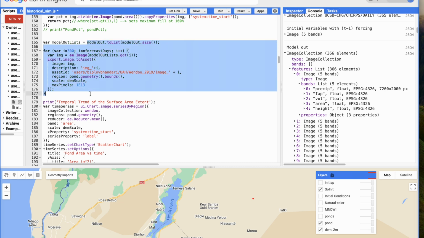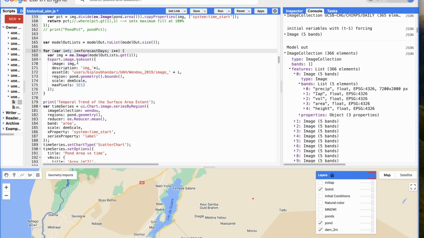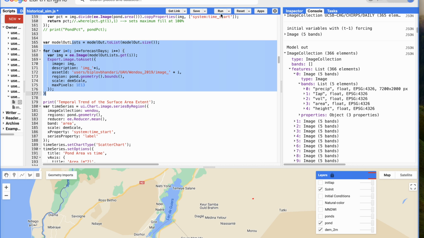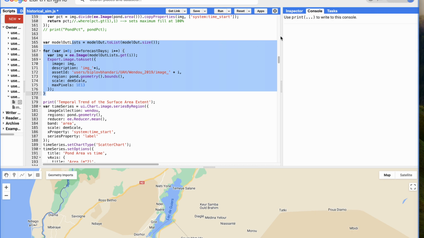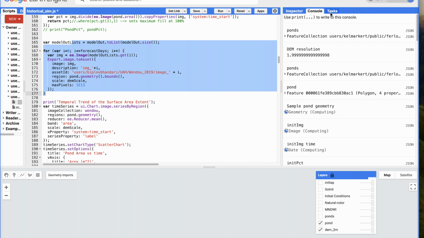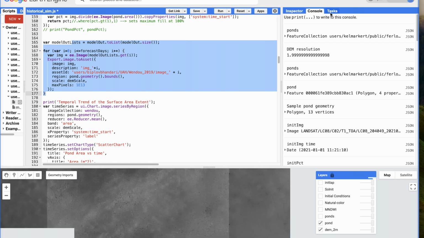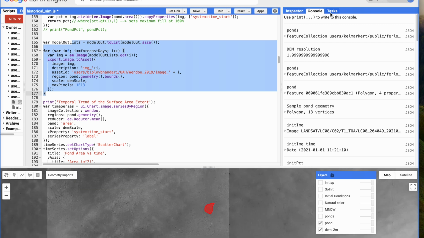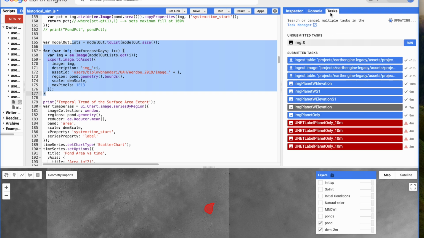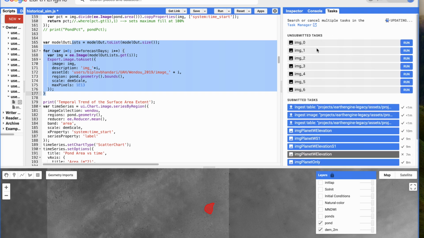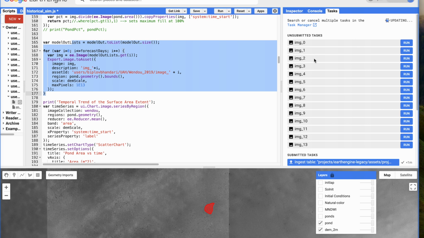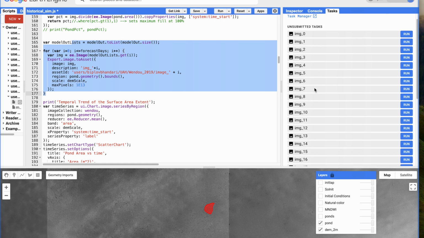When you're running for a new pond or a new DEM, you'll probably have to export them all. So when I uncomment this line of code and run it again, this will start generating all these tasks over here that you'll have to go and run.